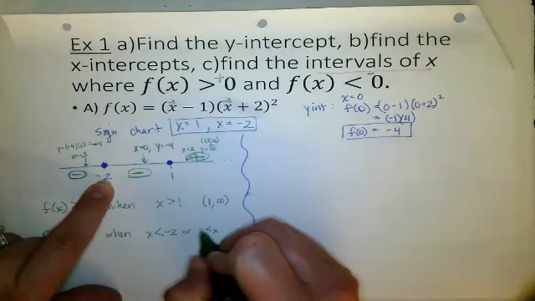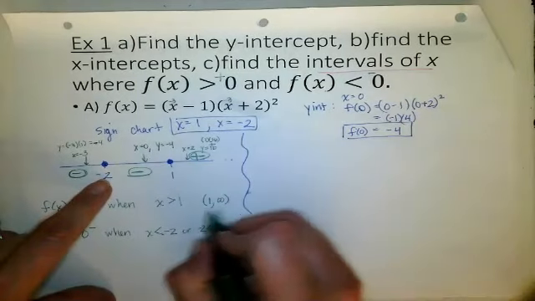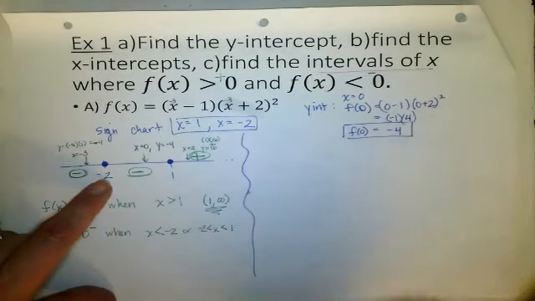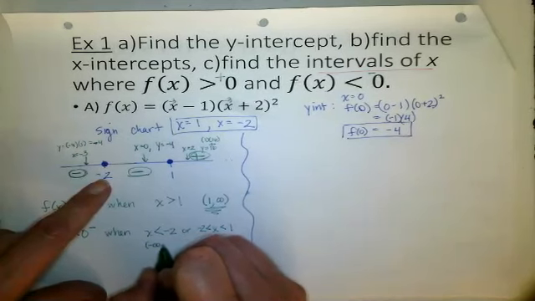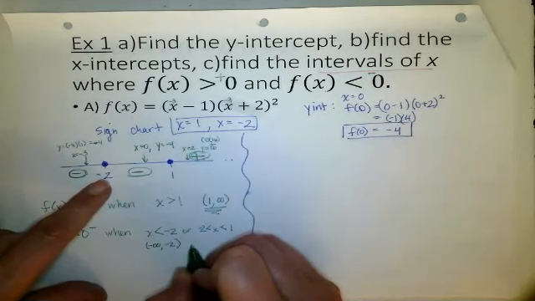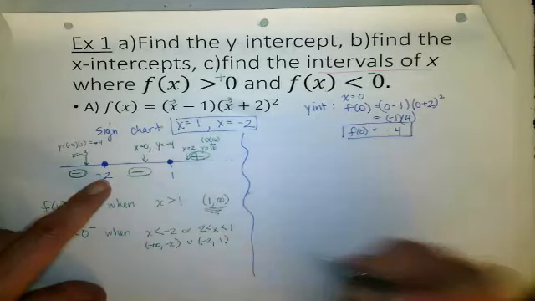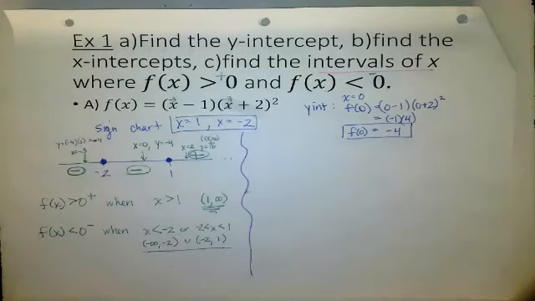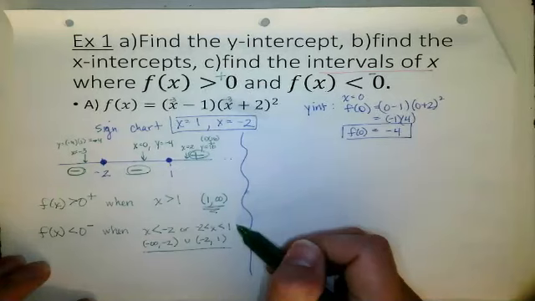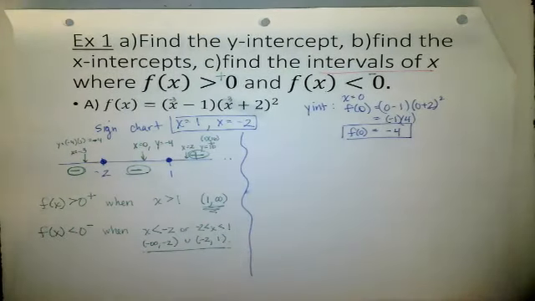So we could say x is greater than -2 and less than 1. And if you wanted to use interval notation, we would say negative infinity to negative 2, joined together with negative 2 to 1. So you can use inequality or interval notation. I don't care which. You need to know both.